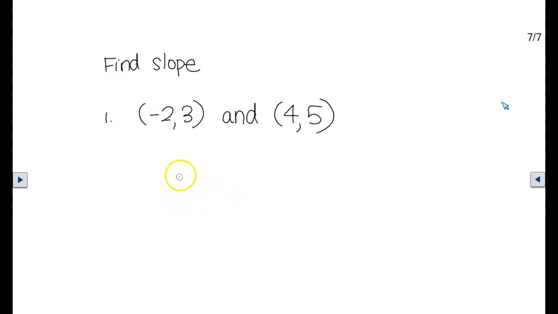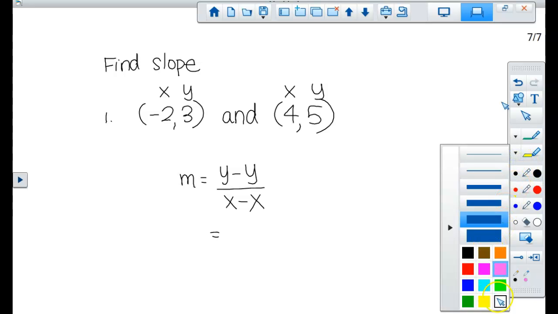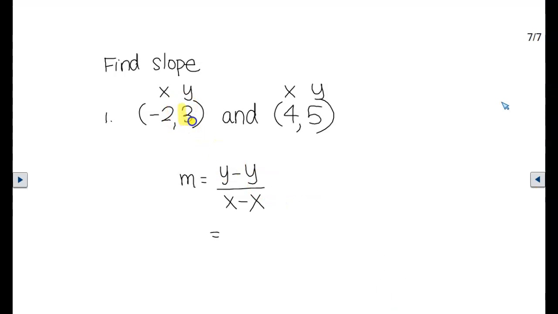Because you have ordered pairs, you're going to do y minus y over x minus x. Now I want you to remember, in this ordered pair, and I don't think it's a bad idea to label, this would be x, y, this would be x, y. So when this says to do y minus y, the first thing I need to do is get my y values. So my y values are 3 and 5.